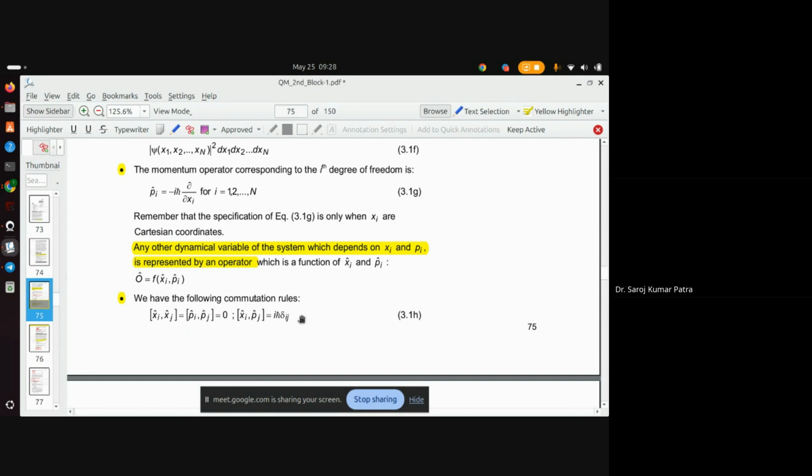So this is also telling you that we can have this system of basis vectors where x1, x2, x3 up to xn are mutually orthogonal, and similarly p1, p2 up to pn are also mutually orthogonal.